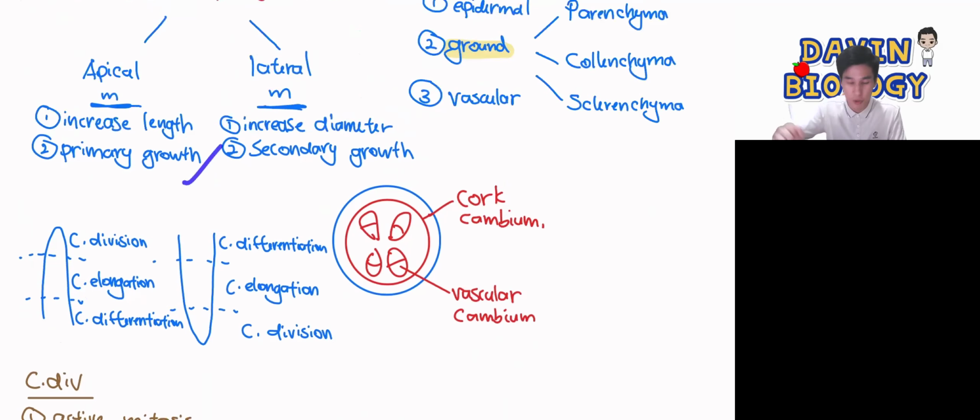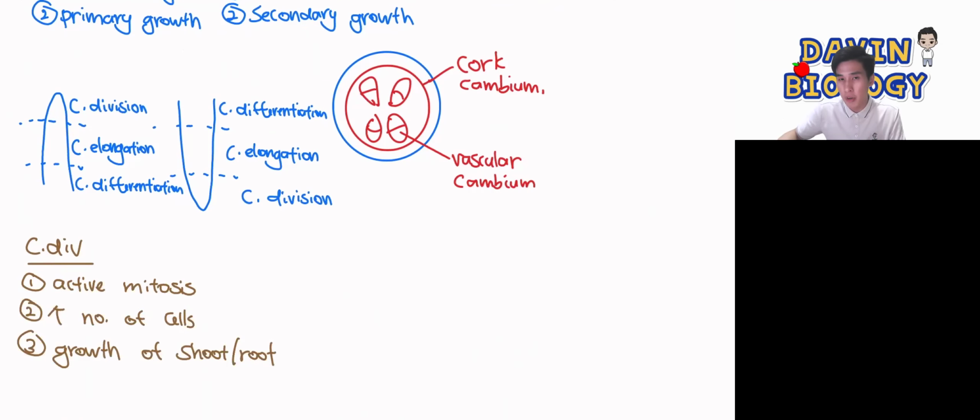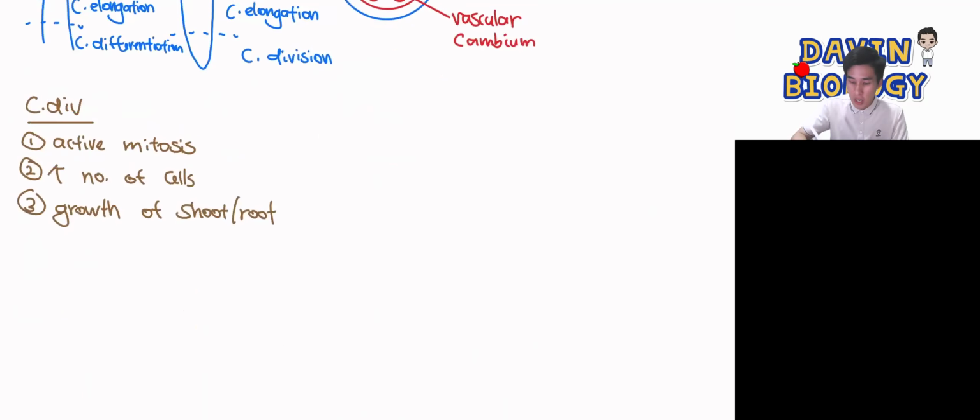That's basically primary growth. And on top of that, very often they also like to ask about the characteristics of the cells. So state the characteristics of the cells found here. Because these cells are baby cells, they are quite unique. The cells here have characteristics.